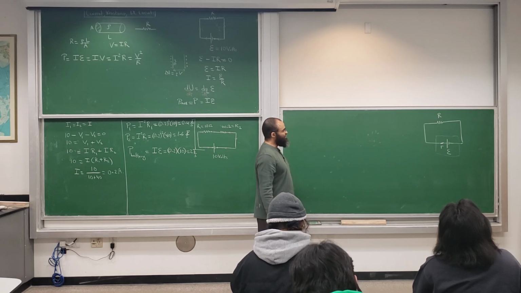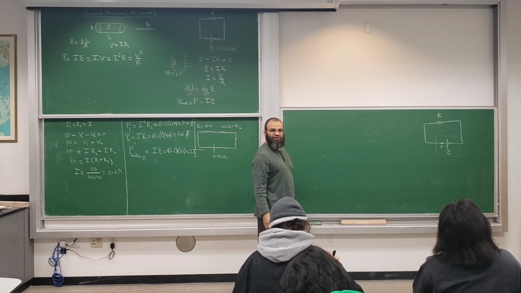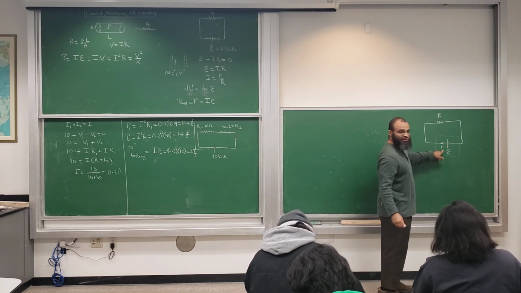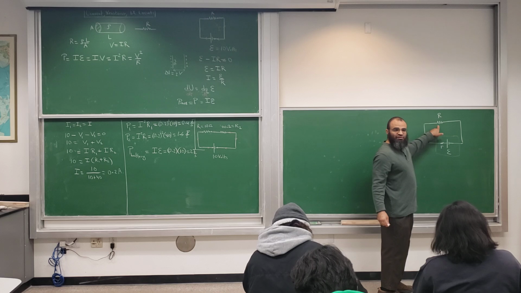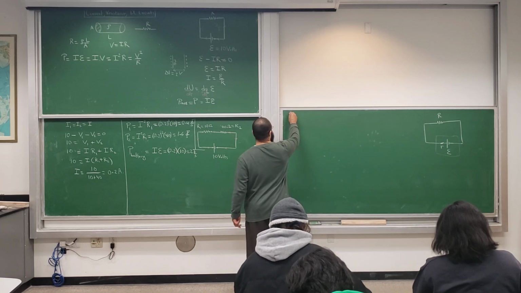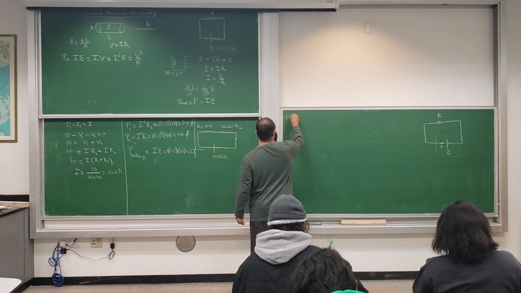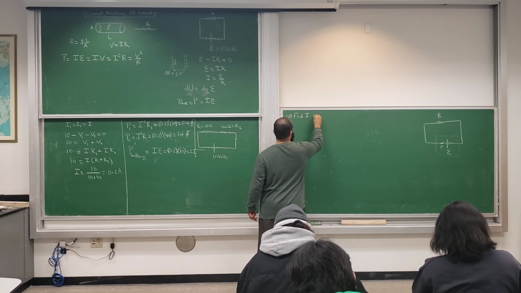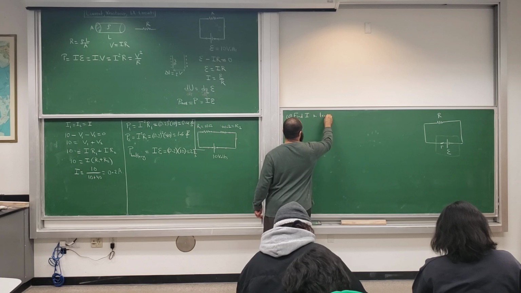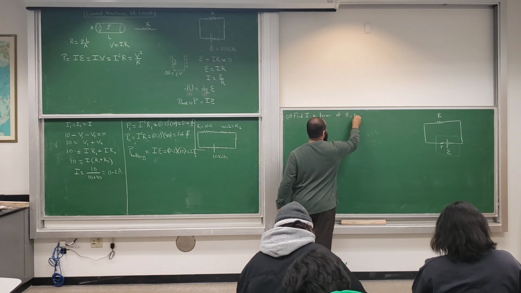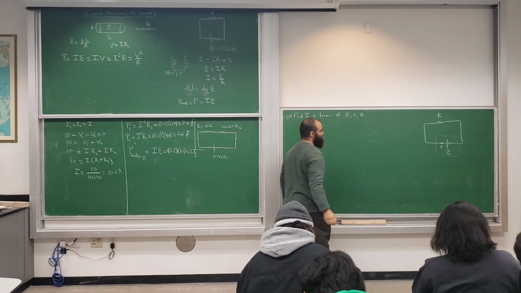So let's first find the current in this circuit. You can treat it just like we had earlier: a battery, a little resistor, and a bigger resistor, capital R. So let's do part A. Find I in terms of obviously the EMF of the battery, the internal resistance, and capital R. Those are the givens.